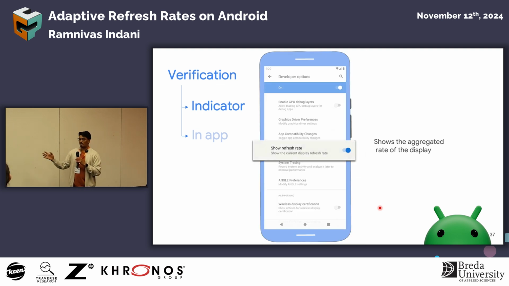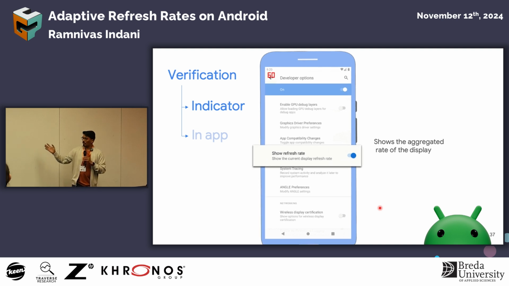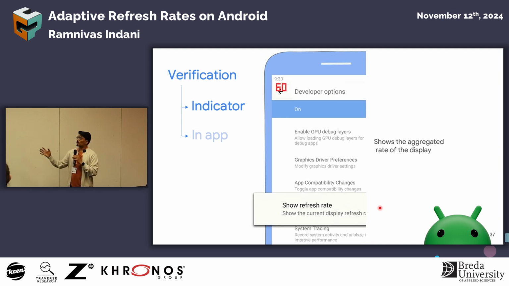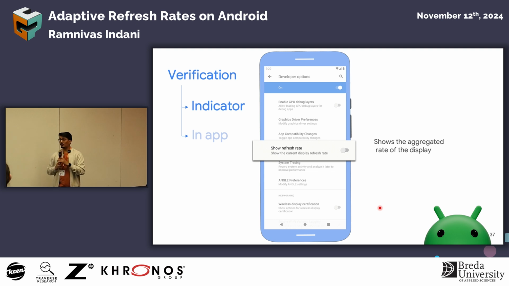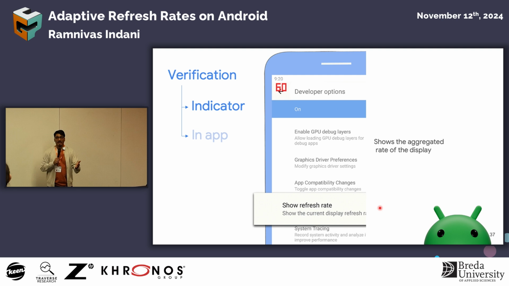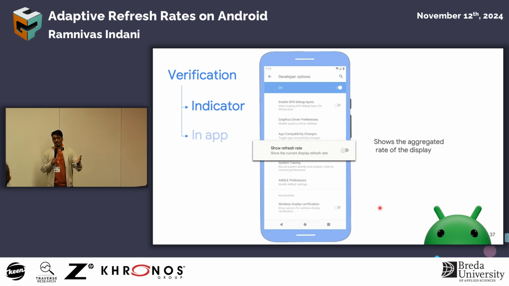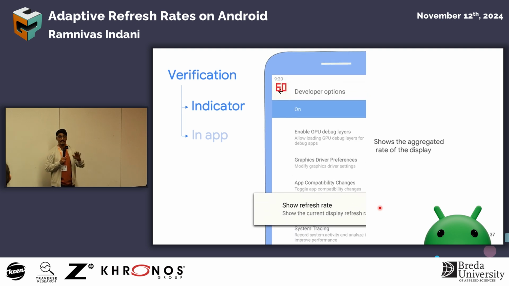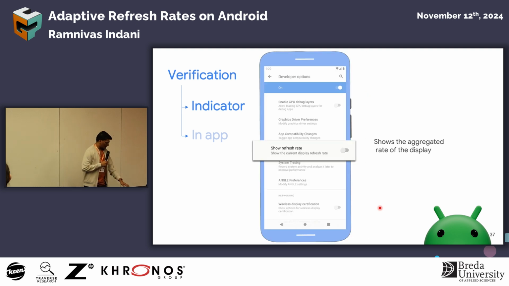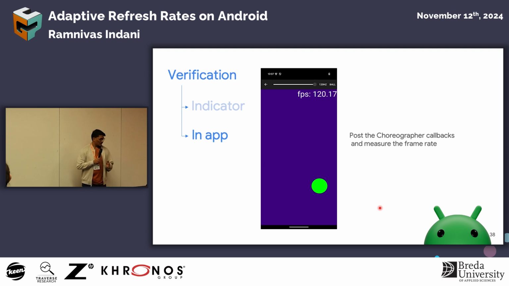The name can be changed by the OEM. This shows the aggregated refresh rate, which is basically what the display is running at. Even though your app might be 24, like we saw, we selected 120, this will actually show 120 instead of 24. So this is the display aggregated rate. So that is one way of verifying the information.